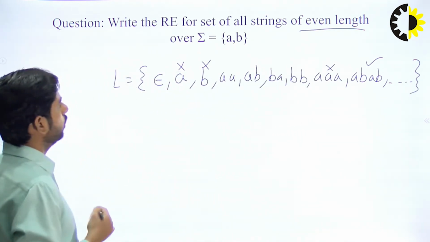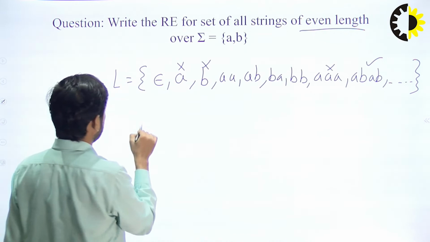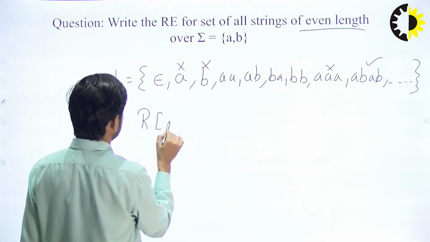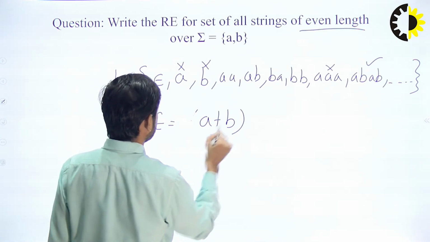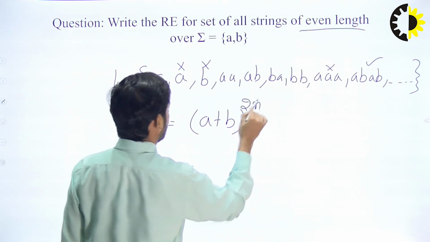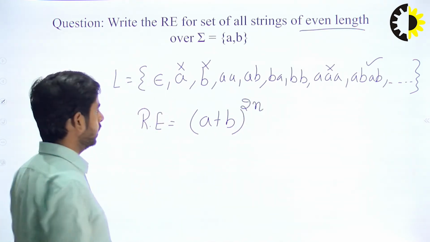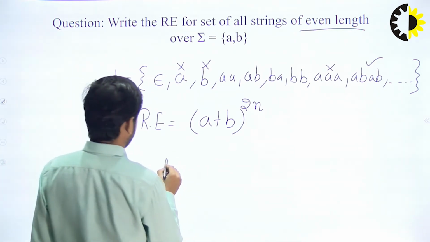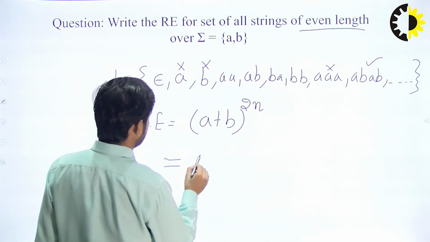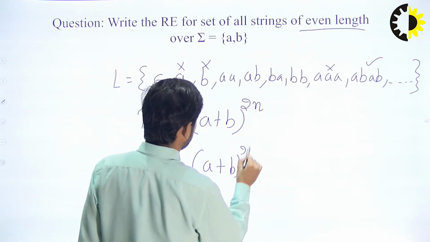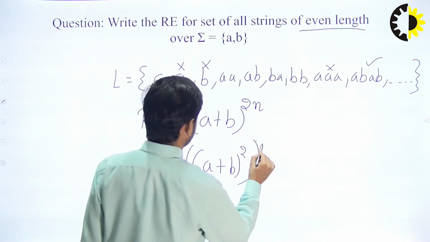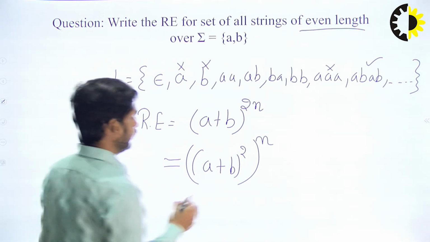So for even length strings, the regular expression can be (A+B) raised to power 2n. So we can write ((A+B)^2)^n.